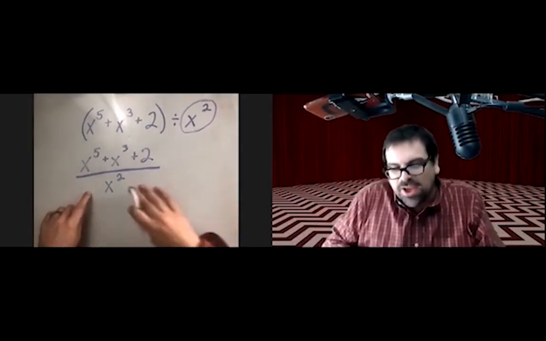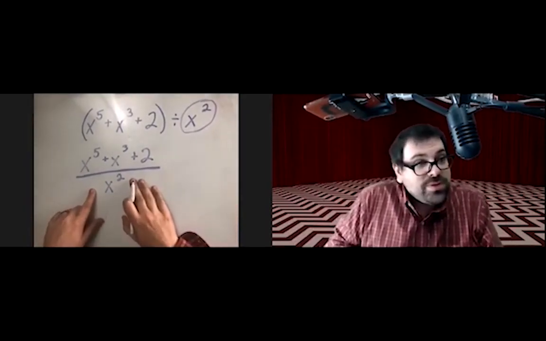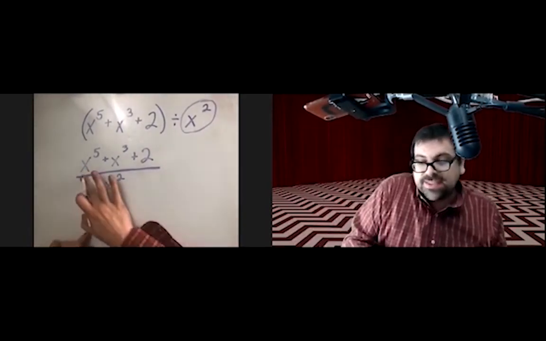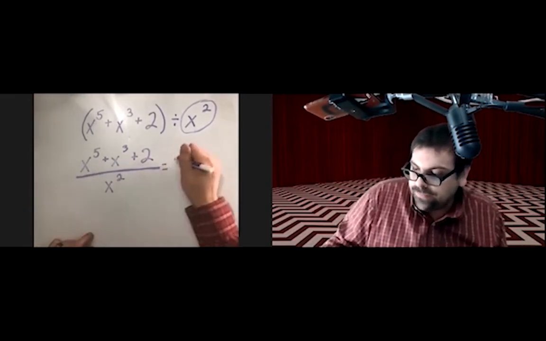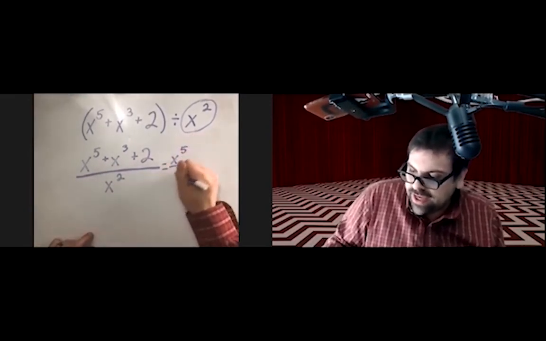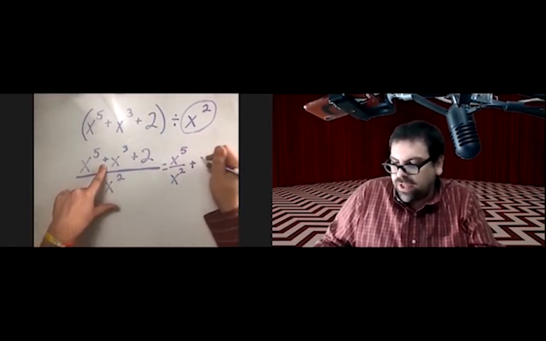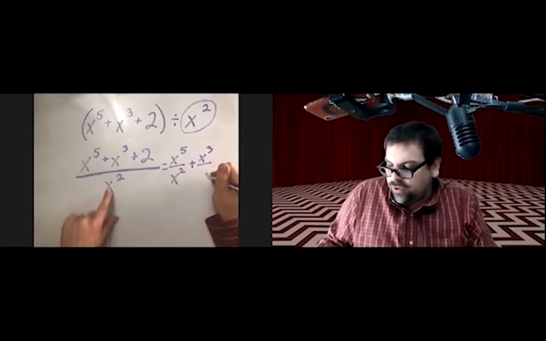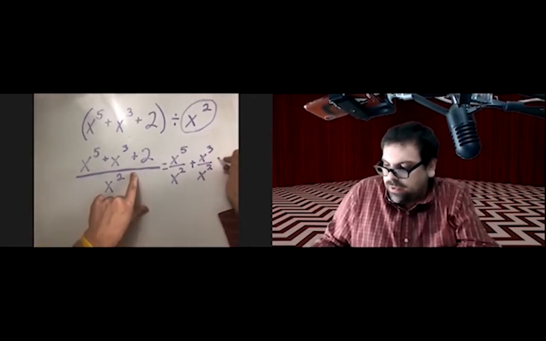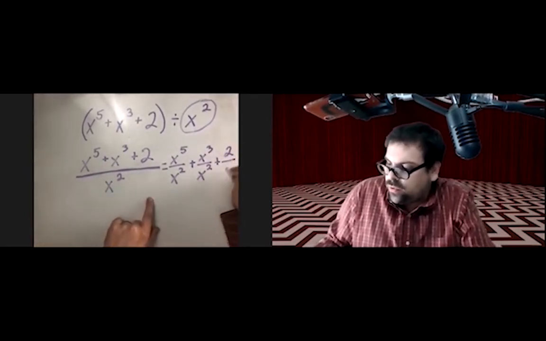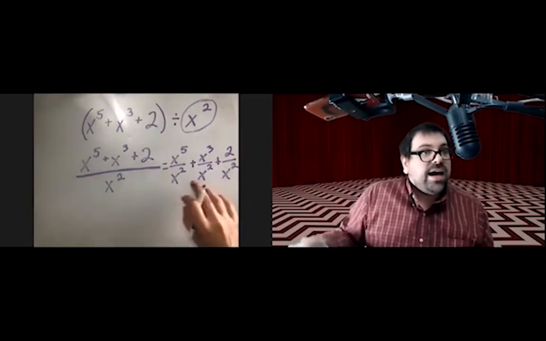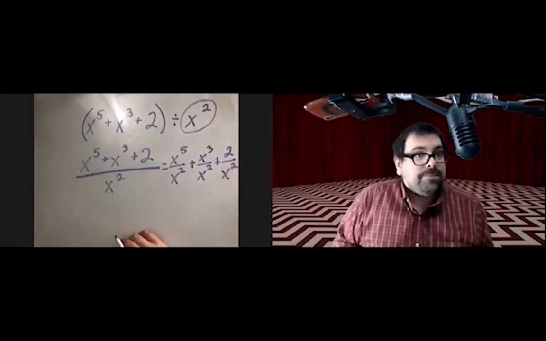Okay, the proper way to do this is to split up each term so that it's all over x squared. So x to the fifth over x squared plus x cubed over x squared plus 2 over x squared. We divide each piece.